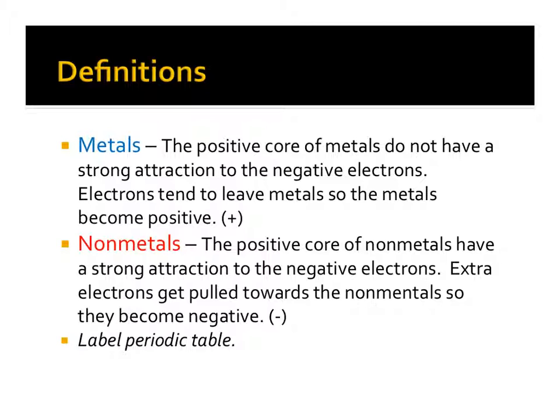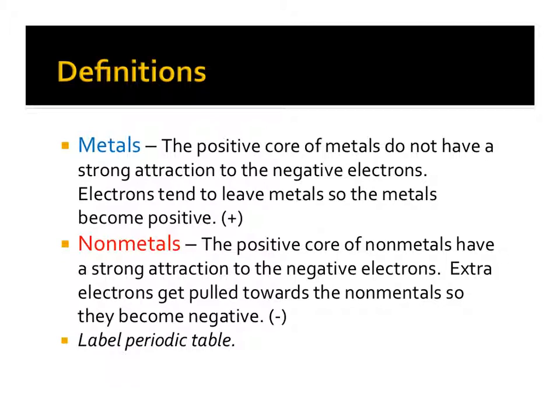The left side are our metals, and these are the positive cores that don't really hold on to their electrons, and they tend to allow them to go and move all over the place. Whereas our non-metals, the ones to the right side of that stair step, if you're looking at the one in the classroom, it's the big white area, hold on to their electrons a little tighter or even pull more electrons towards them.